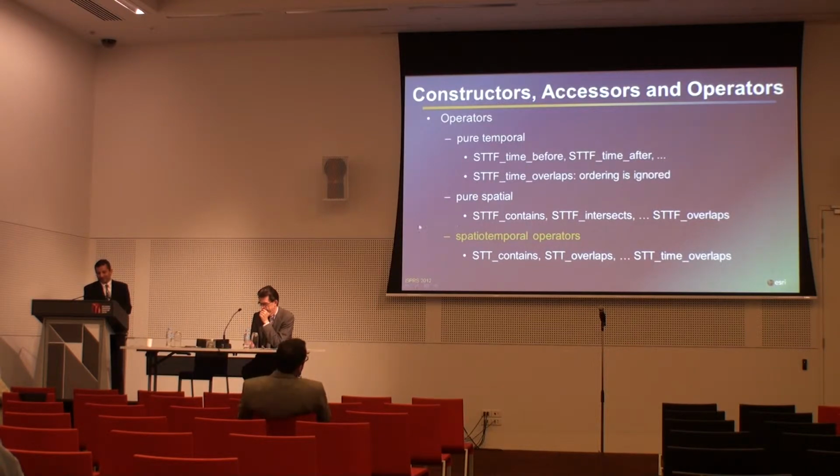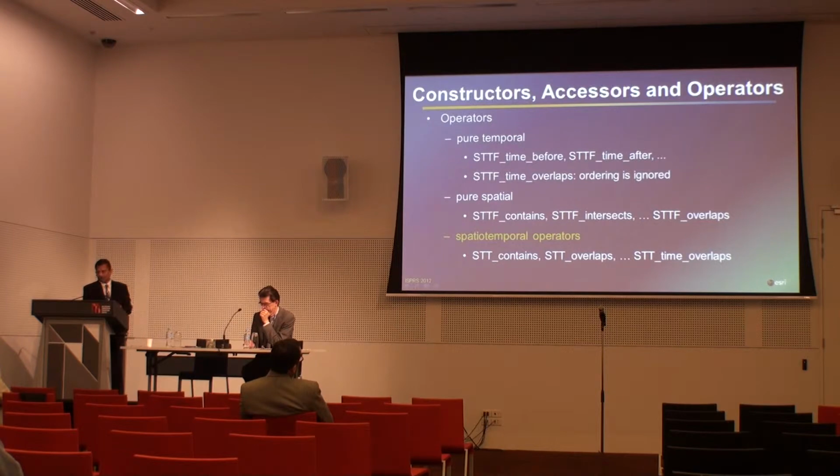But the important thing I'm going to talk about is the spatiotemporal operator. For example, STT contains is a spatiotemporal type contains, which checks the contents of the spatial part and the temporal part.